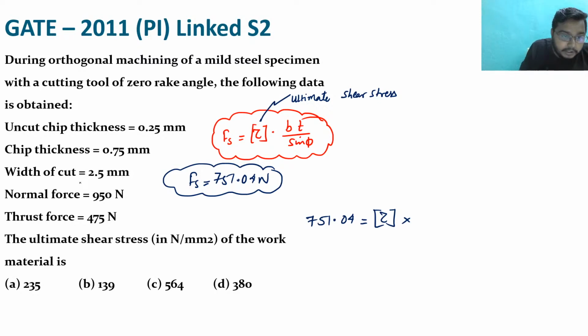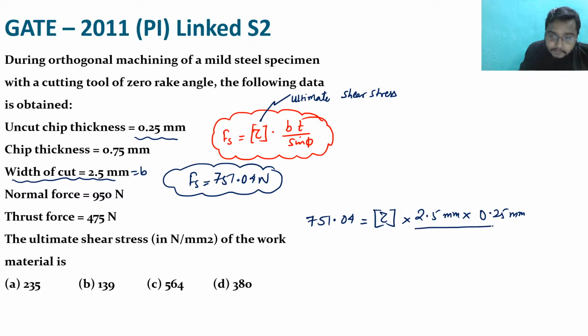B is equal to 2.5 mm, the width of cut. And t is the uncut chip thickness, that is 0.25 mm, divided by sine of phi.